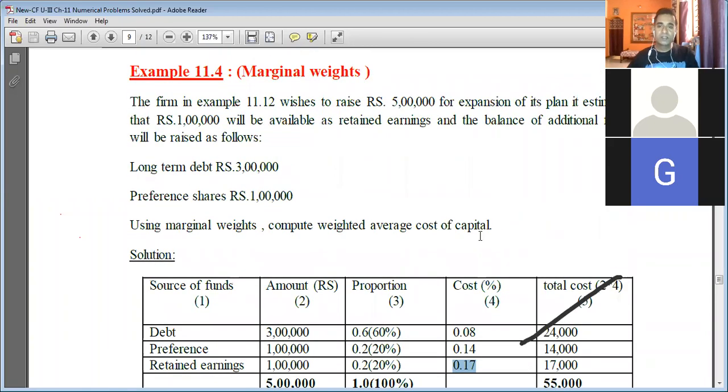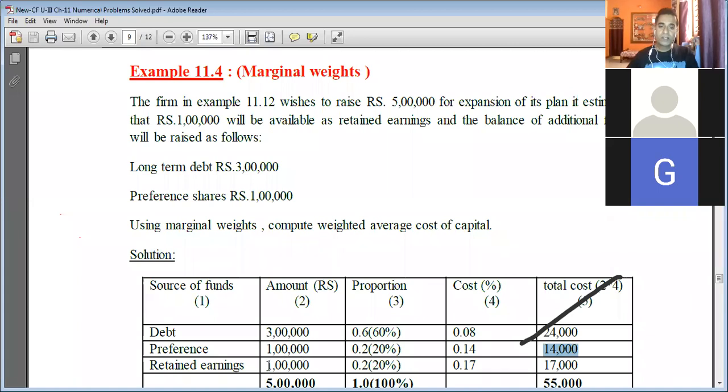So this is marginal weights. The total cost of debt capital is 3 lakh multiplied by 0.08, which is equal to 24,000. For preference capital, 1 lakh multiplied by 0.14 is equal to 14,000.